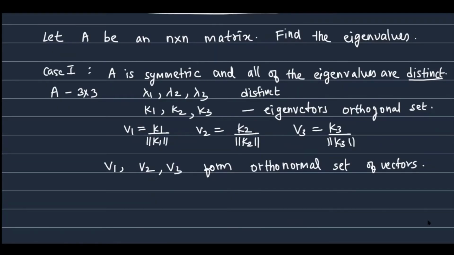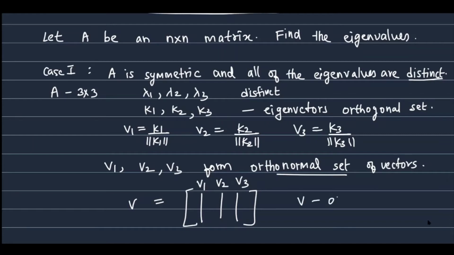The new matrix V will have 3 columns: the first column will be v1, then v2, v3. So we got v1, v2, v3 which form an orthonormal set. Now if we write v1, v2, v3 as the column vectors, we will get a matrix V, and this V will be an orthogonal matrix.